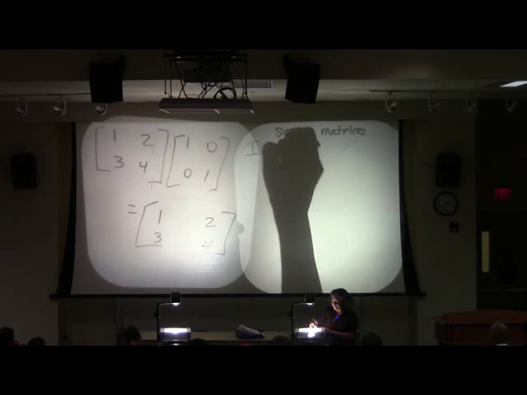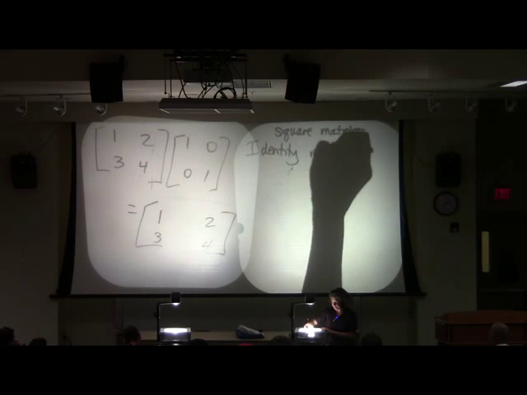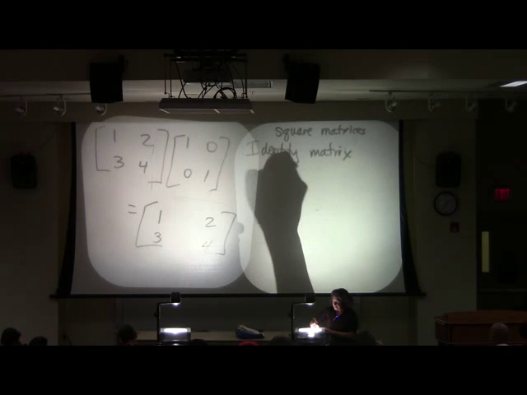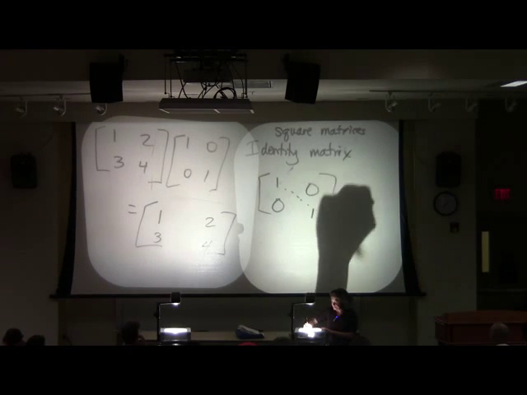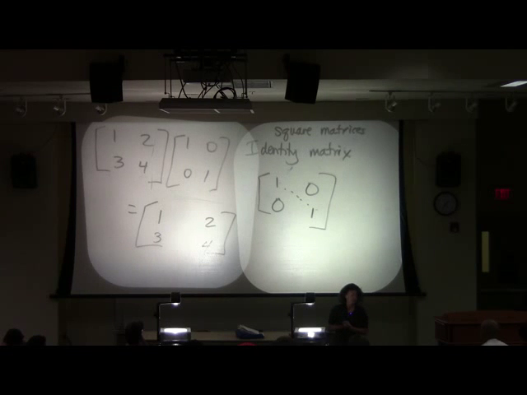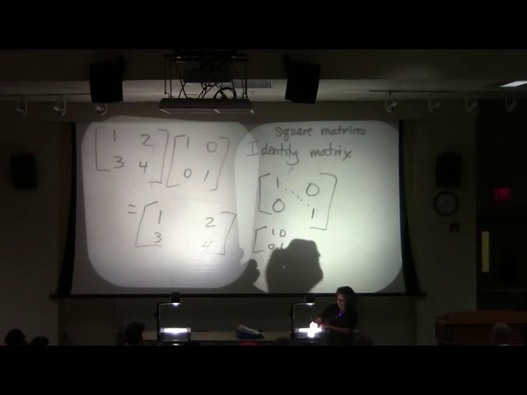we have what's called the identity matrix. It's when you have ones along your diagonal. So you could have 1, 0, 0, 1.